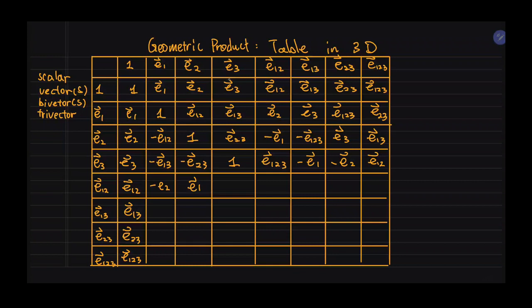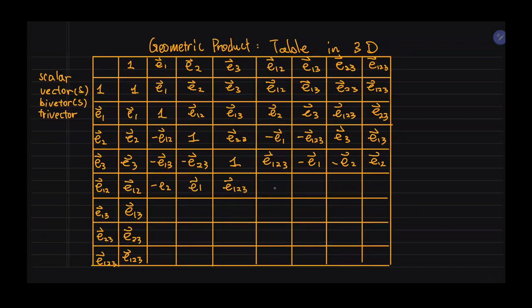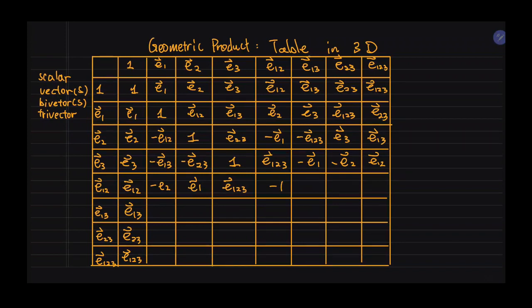And then e12 e3 is e123, and then e12 e12 is minus 1. And then e12 e13: e1 e2 e1 e3. Then you swap the order between these two, then minus e1 e1 e2 e3. It will become minus e23.